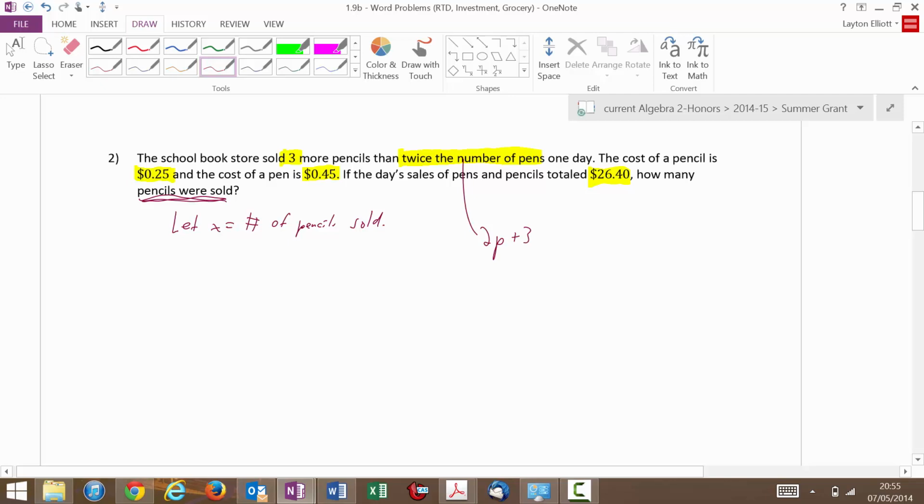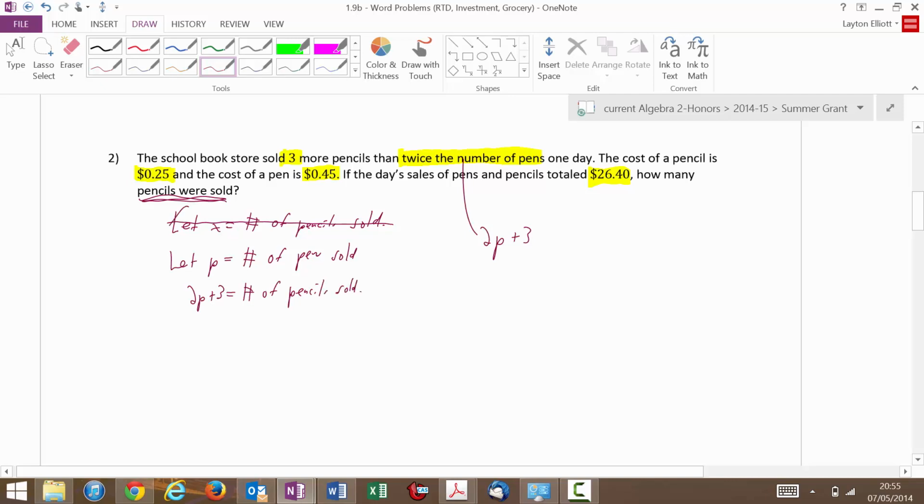So this is a little tricky. I have another variable here, p for pens. So you should be open to scratching this out and saying, let's do something different. Let p equal the number of pens sold, and then 2p plus 3 is the number of pencils sold.